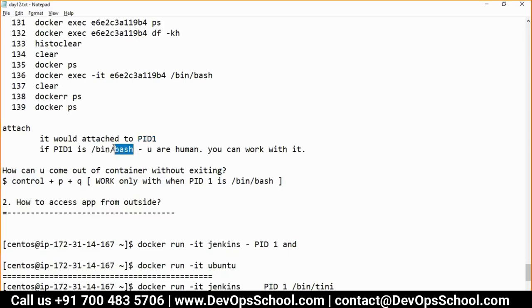Exit will kill /bin/bash. PID 1 gets killed, and the container will exit. So that's what I'm saying: how can you come out of the container without exiting? A safer way. It only works if PID 1 is /bin/bash. This command will work only with /bin/bash as PID 1. Getting my point? Yes.